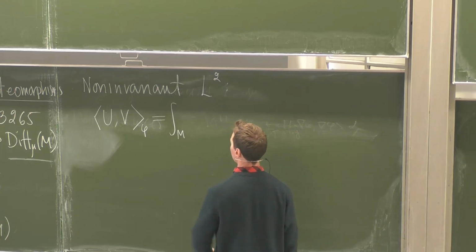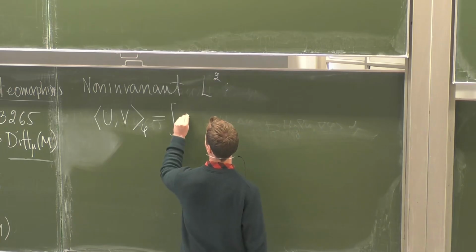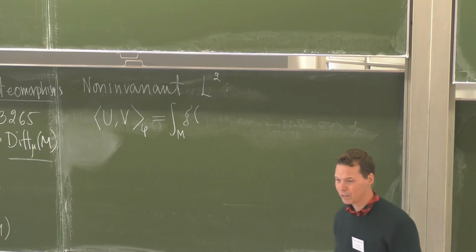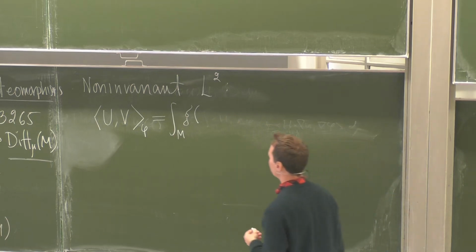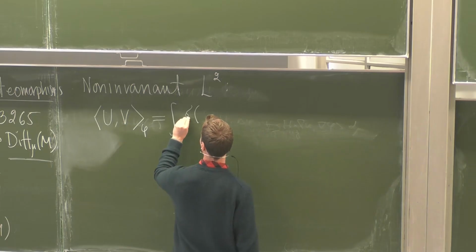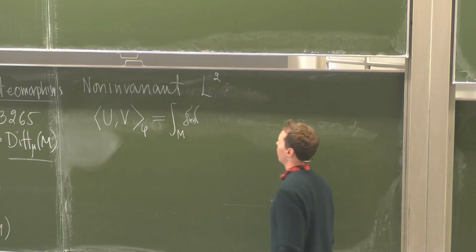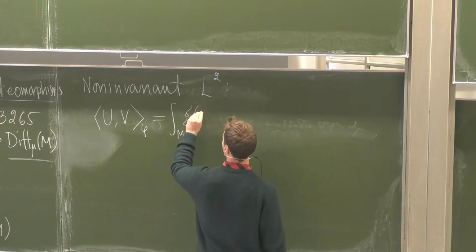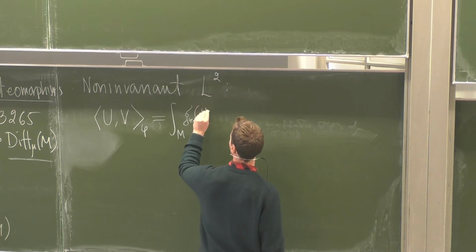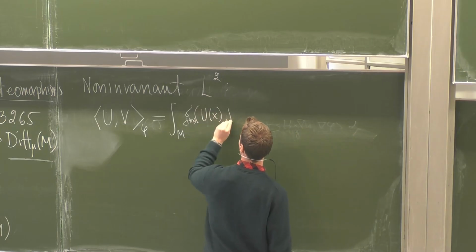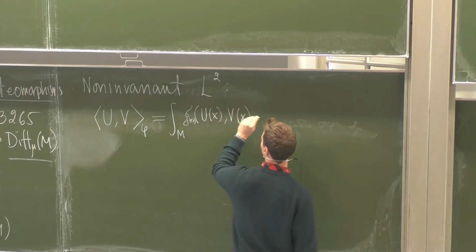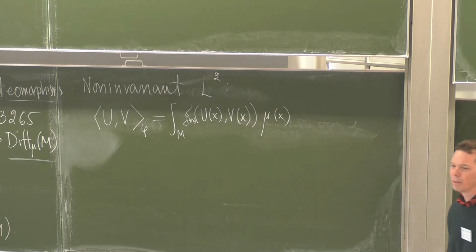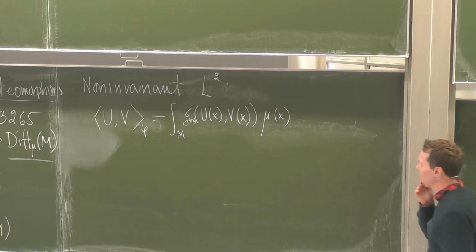Let's denote this Riemannian structure by g. So this is not a group element now. And then I just take this at the base point phi of x. It's a finite dimensional metric tensor, and I evaluate the corresponding thing here, at phi of x, and I integrate with respect to mu. This will be my metric.